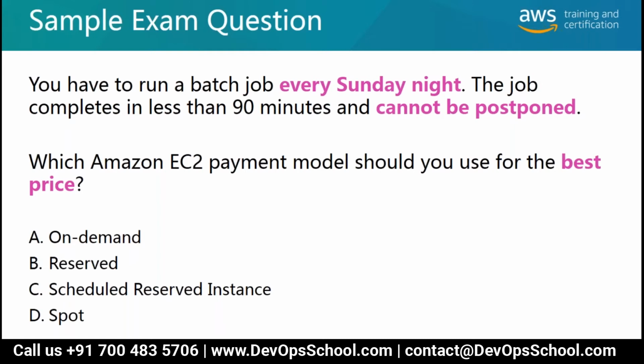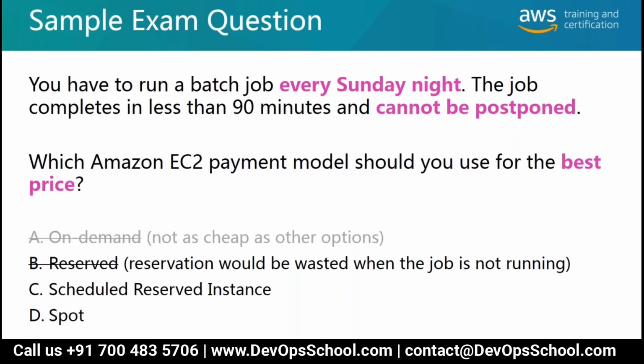So let's eliminate the obviously wrong options. Because it is running at a scheduled time on Sunday night and you want the best price, on demand will not be suitable because that doesn't give you the best price. Reservation also will not be a good option because you will be wasting resources when the job is not running.